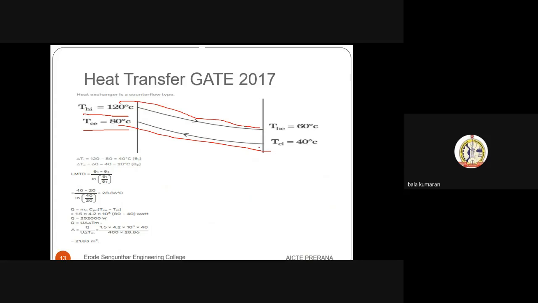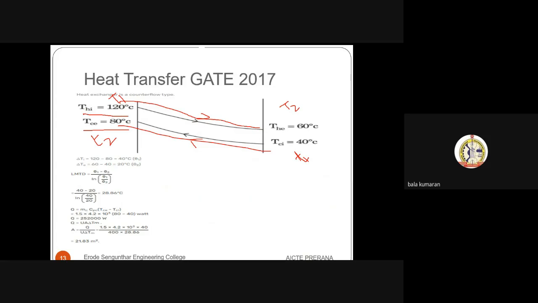Here to here is an arrow mark. So this is capital T1, this is capital T2, this is small t1 and this is small t2.